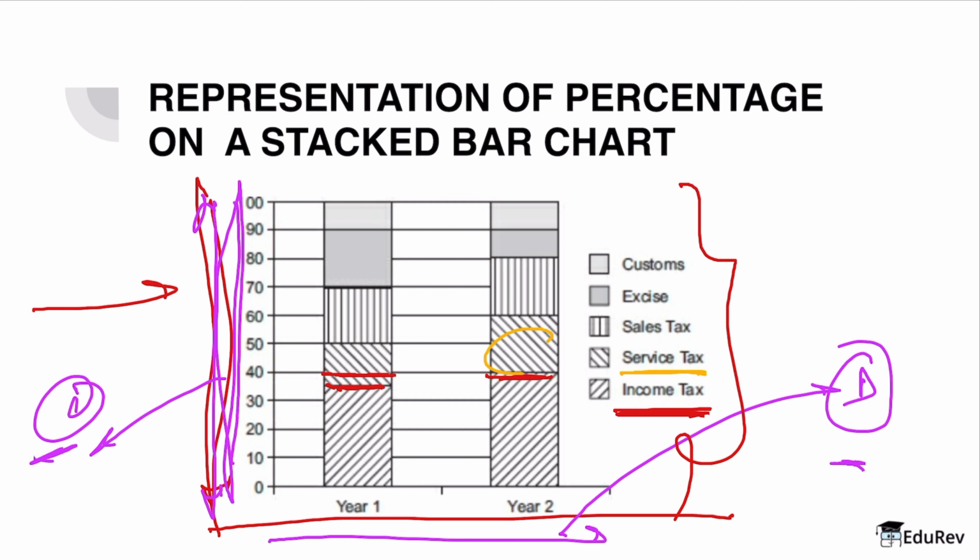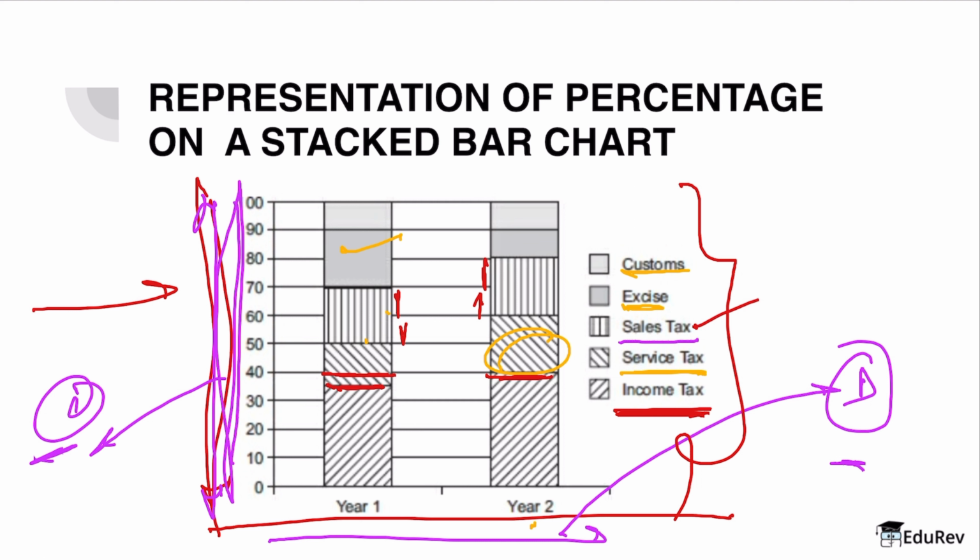I would say that service tax is greater in year 2 than in year 1. Similarly, I can draw comparisons. I can say that customs are same. I can say that excise is greater in year 1 than in year 2. And similar things I can do for sales tax. So sales tax comes in 2 blocks. This is also coming in 2 blocks. So that means sales is equal.